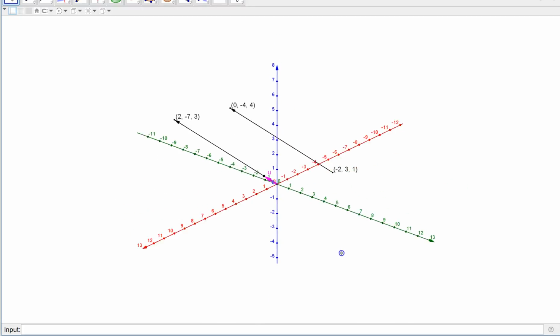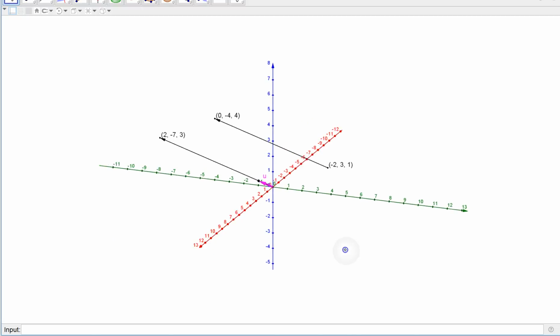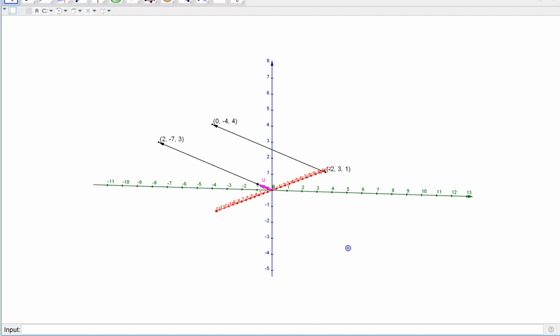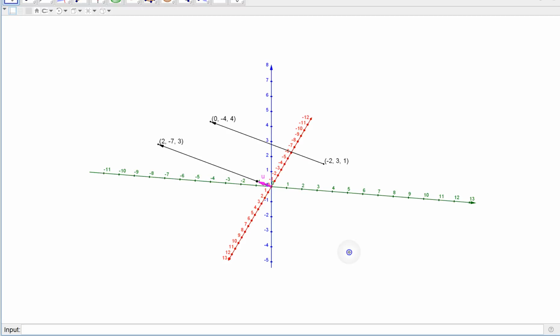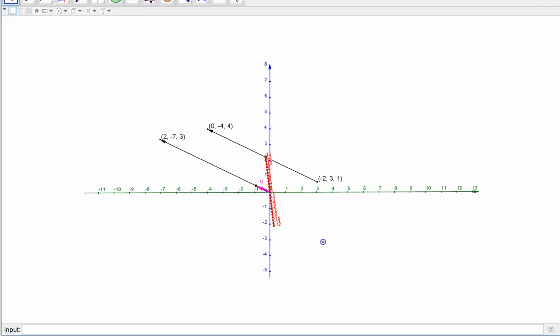And then we created a unit vector that's in the exact same direction but with a length of 1. If you look closely, I've got that graphed right here. It starts at 0, 0, 0, runs right along our vector v, but has a length of 1.